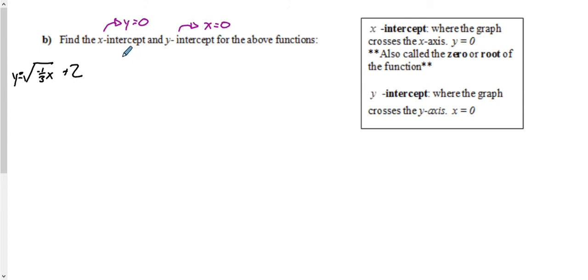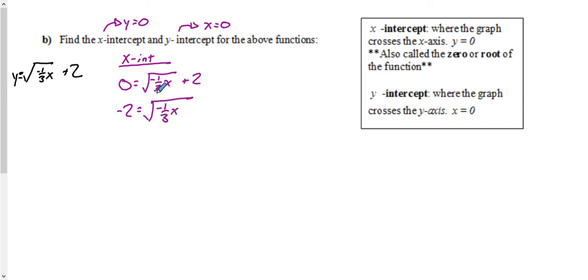So x-intercept first here. I'm subbing in 0 for y, so this is going to be 0 equals radical negative 1 over 3 x plus 2. Moving the 2 to the other side first, I have minus 2 equals radical negative 1 over 3x.